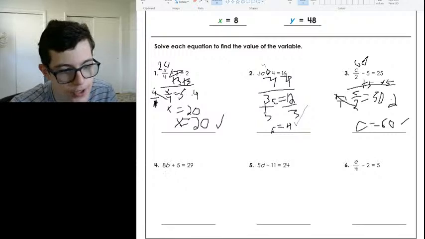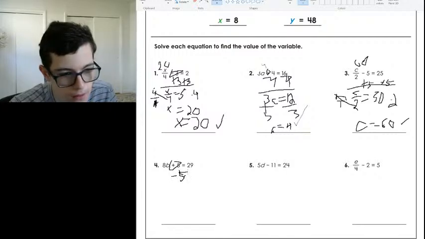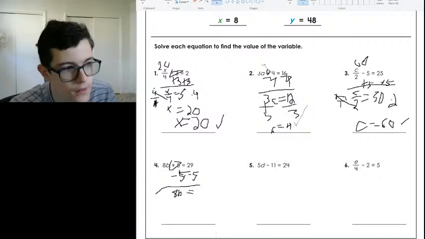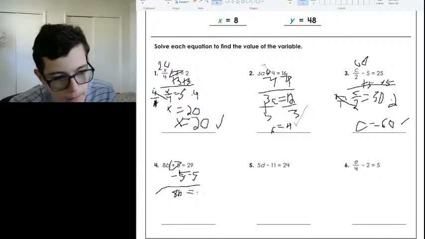So we'll do the inverse operation of addition, but it's subtraction. So we'll just subtract 5 from both sides to get 8b equals 24.